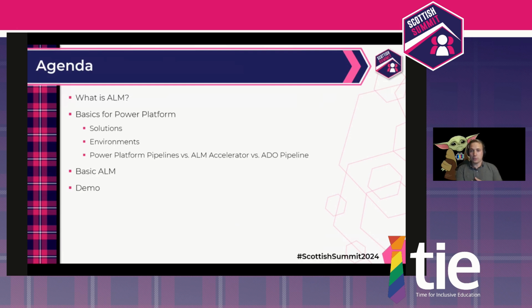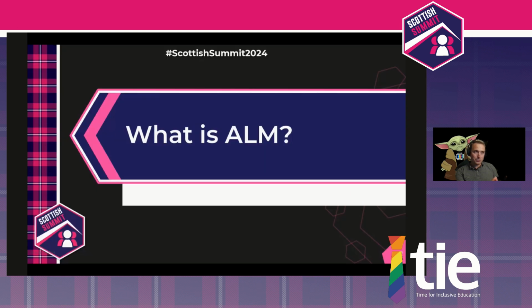The second part will be the basic ALM process: how does that look, and which steps do you need to implement? And then we will have a demo and actually try to implement that as well. I've prepared some pipelines, and we try to set them up and make them work against my demo dev and test environments. So let's get started with the first part, which is what is ALM?